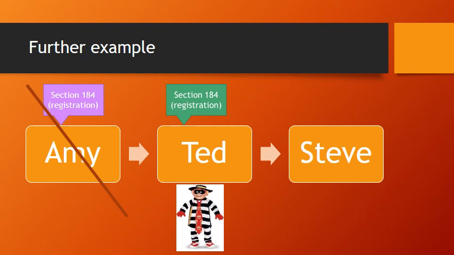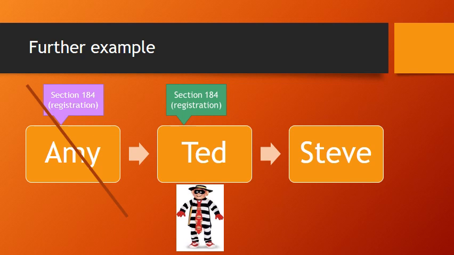Therefore, prima facie, Amy loses her interest altogether, even though it has been fraudulently removed. Then if Ted sells the property to Steve, or gifts it, or otherwise alienates it to Steve, Steve can become the registered proprietor and Ted loses his interest in the estate.